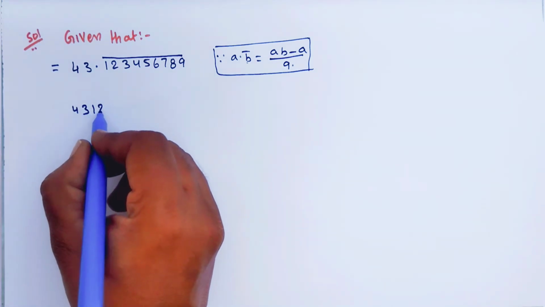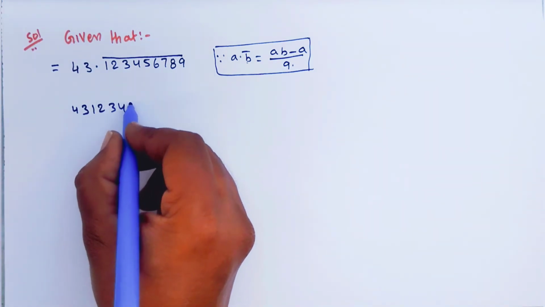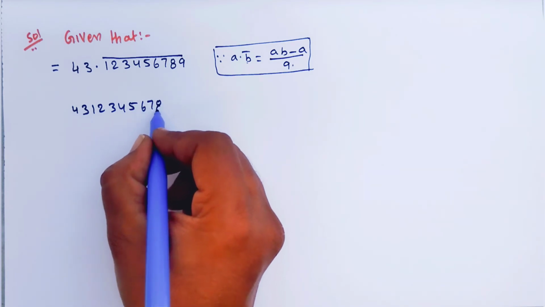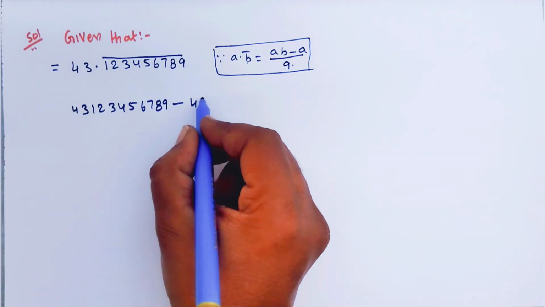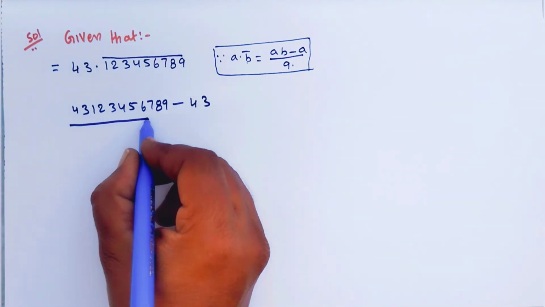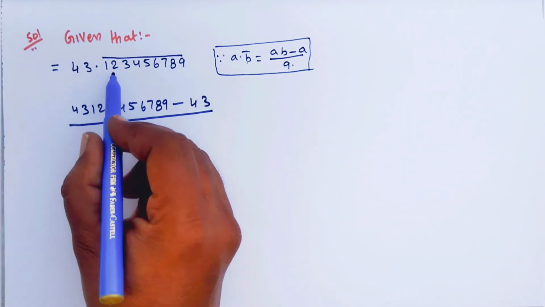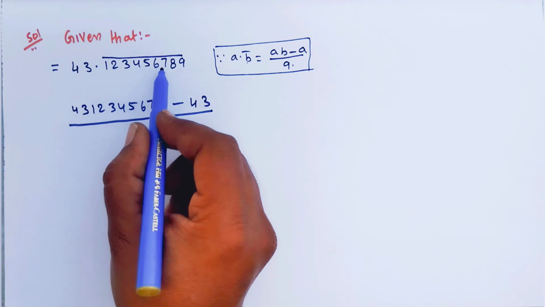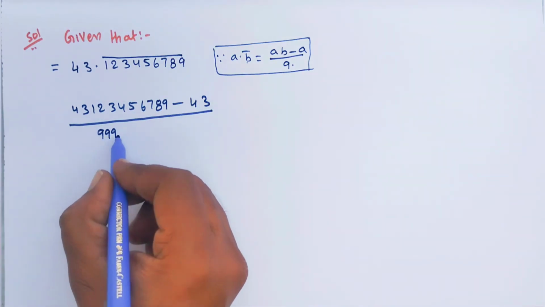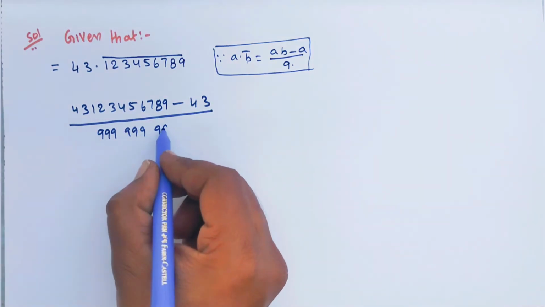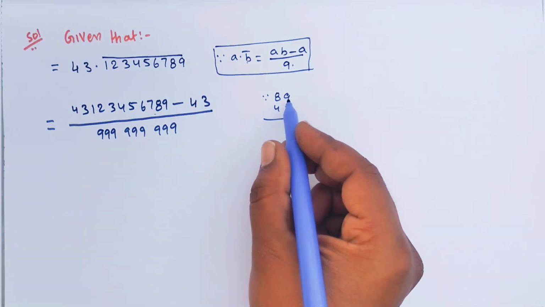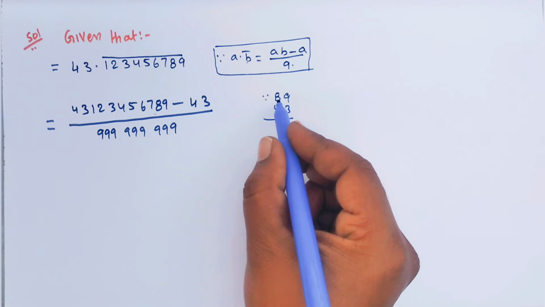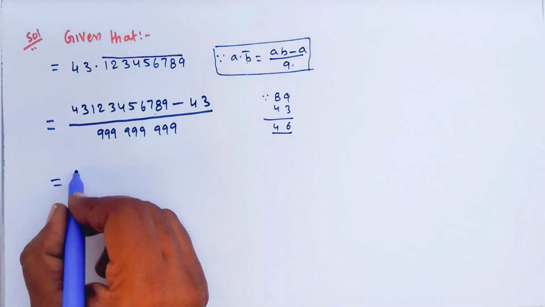So that step can be written as 43.12345678 minus the number before the repeating part, 43, whole divided by 9 times, since there are totally 9 digits. Only the last two digits change: 89 minus 43 gives 46.